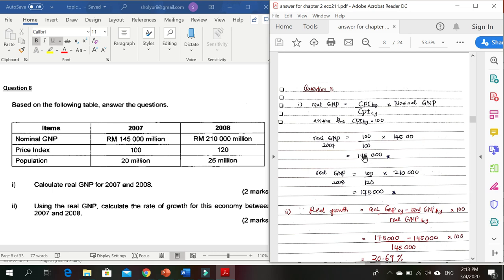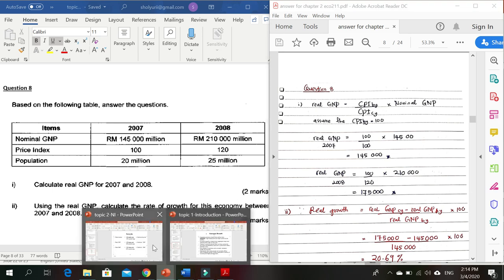Tapi, the fact is, 145,000 meningkat sampai ke 175,000 sahaja. 210,000 ni, ini adalah disebabkan inflation. So, kita bukan meningkat setinggi ni. Cuma setakat 175,000. So, nak compare betul tak country ada growth atau tak? Tengok real. Bukan dari segi nominal. Are you okay? Alright. So, let's proceed sikit lagi.